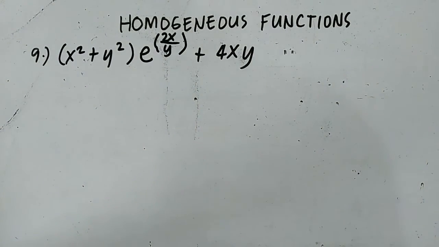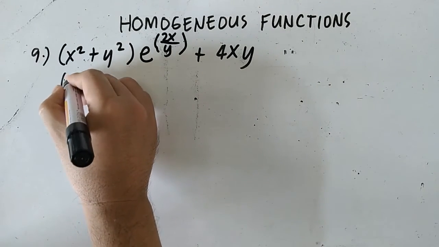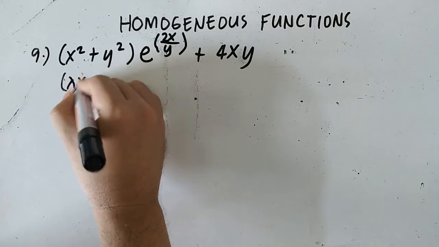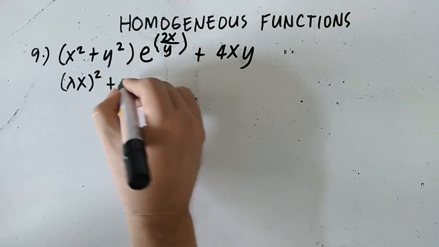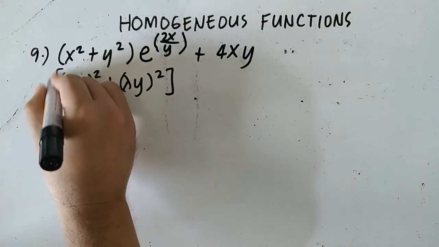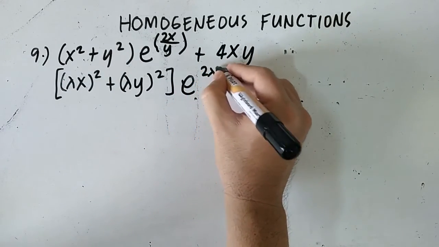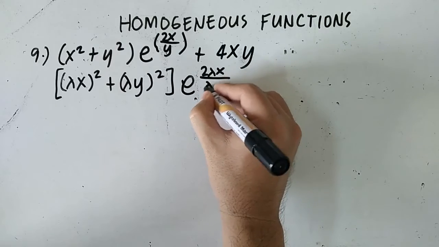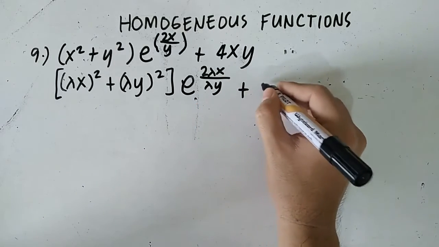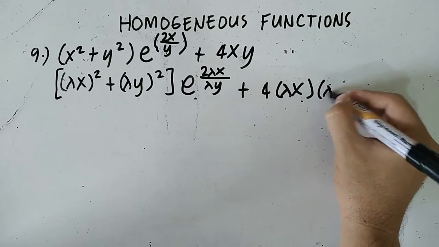Next, we have x squared plus y squared times e to the power of 2x over y plus 4xy. Again, we insert lambda for every variable involved. So lambda x squared plus lambda y squared times e to the power of 2 lambda x over lambda y plus 4 lambda x times lambda y.